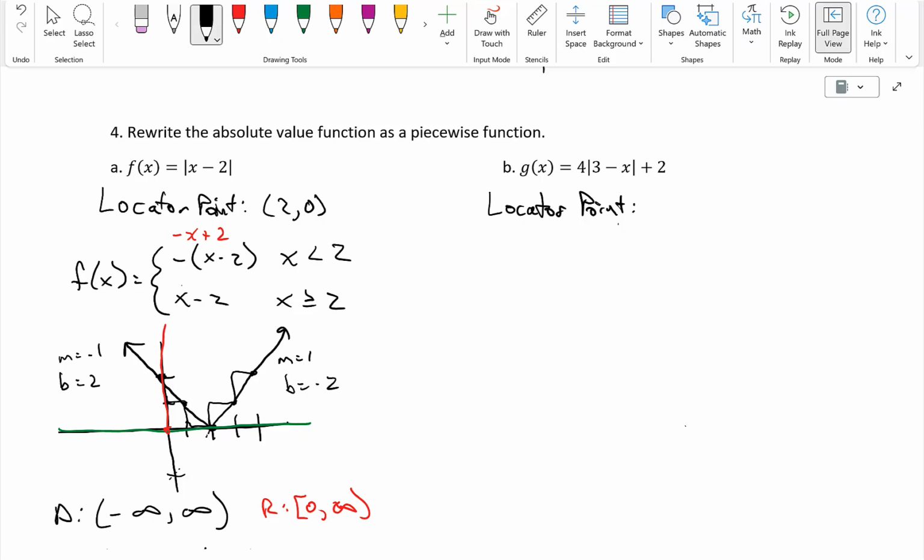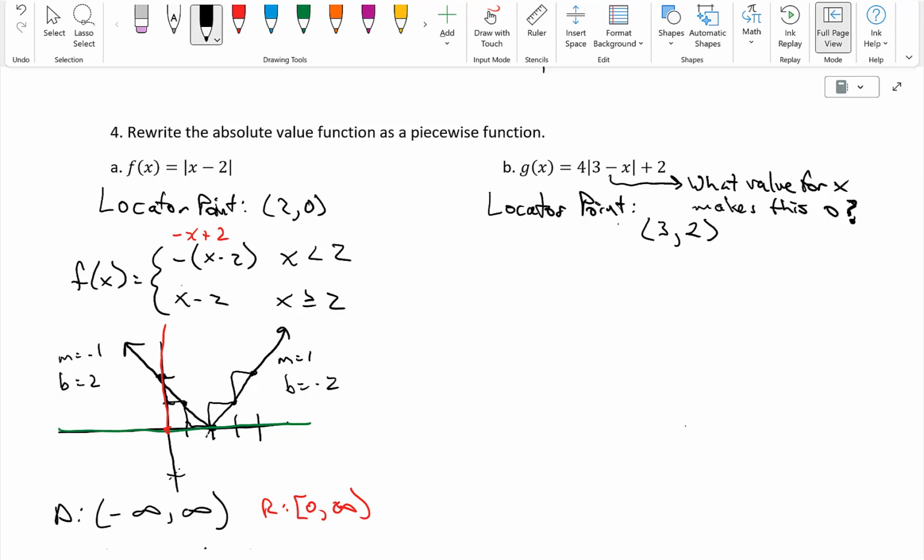Or the other way to think about this is what value for x makes this 0. And so 3 minus x, hopefully you can agree with me that if we substituted in 3 for x, 3 minus 3 would make a 0. So our locator point is going to be 3 for the x, or our h value, and then we've got that plus 2 outside, so we'll be at a 3, 2.